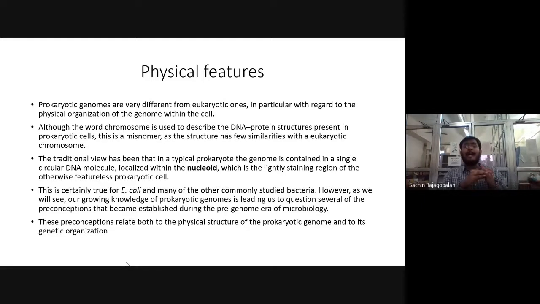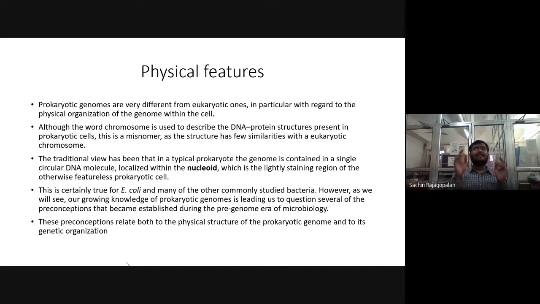But let me tell you that this is a misnomer, because prokaryotic chromosomes are not very similar to that of eukaryotic chromosomes. There are a lot of differences. So it should not be used interchangeably, is what we are trying to say over here, because the typical prokaryotic genome is a single circular DNA molecule.